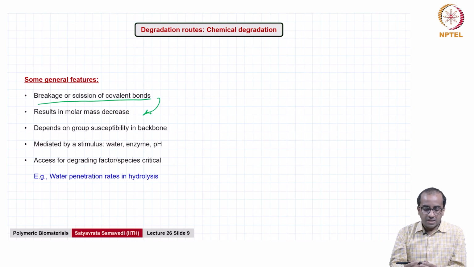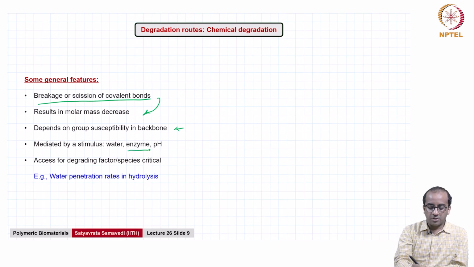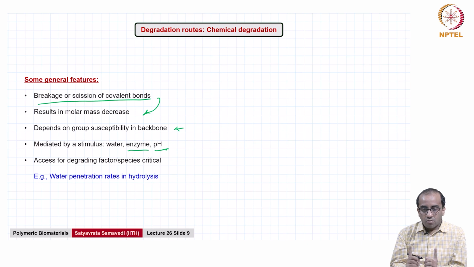And as we have just seen, this depends on a lot of factors, particularly the susceptibility of the functional group in the backbone to degradation, and it can be exacerbated by factors such as the presence of enzymes, extreme pH conditions, etc.